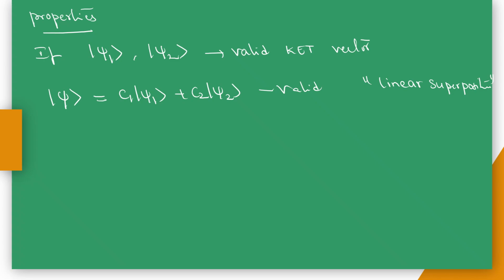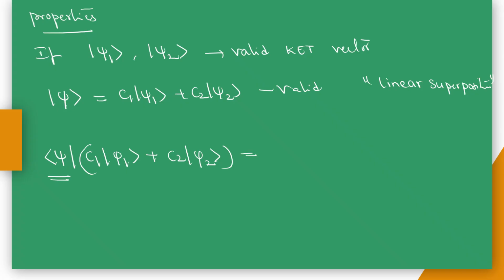For example, take the state psi and C1 phi 1 plus C2 phi 2. So this is the ket, and this is the bra of the psi 1 wave function state. This is another linear superposition of the ket.